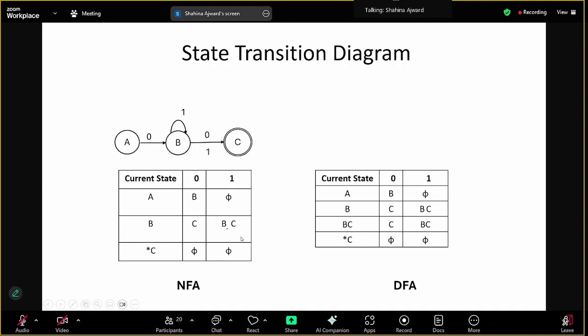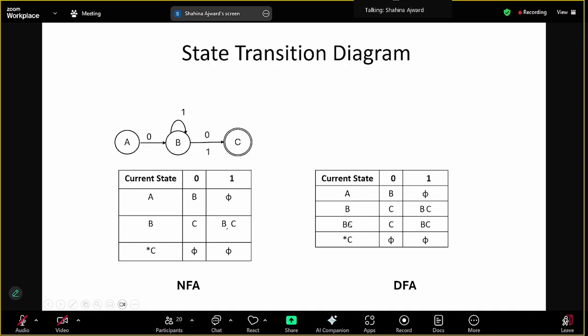Finally it goes to B and C, so we have a new state called BC, and we write it as BC. Then from B it goes to BC, so we define the BC. From B it goes to C, so we define the C.